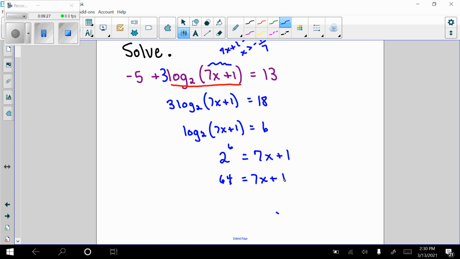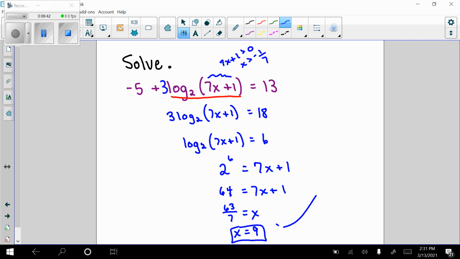If I subtract and divide by 7, I get 63 over 7 equals x, or x is equal to 9. Go back and check that with my domain restriction. 9 is definitely greater than negative 1/7, so I have an answer for this problem.